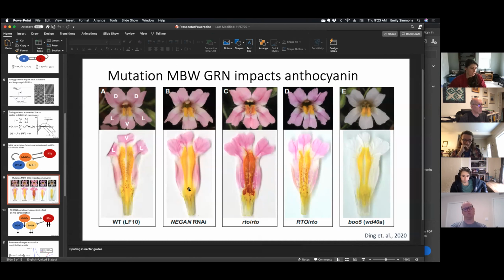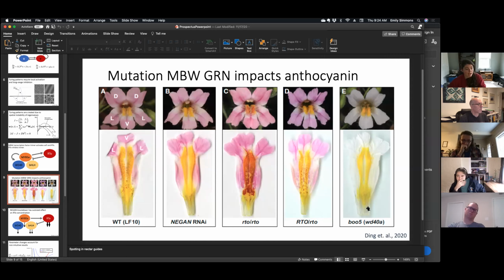But if we completely knock out the Negan, then we get just these solid yellow, soft nectar guides with nothing telling the pollinator where to attach. But we still see in the petals that we have anthocyanin, because anthocyanin is that red pigment. So our petals are still pink. They're still having that anthocyanin pigment, which is what's telling us that this Negan is only acting on the nectar guides.